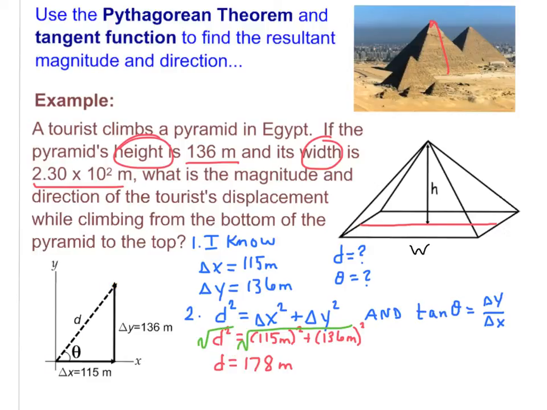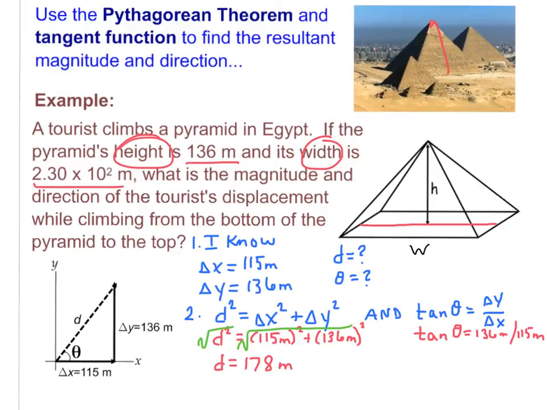Now let's plug values in for my tangent function to find out what theta is and determine the direction for my vector. So here, tangent of theta is going to equal 136 meters divided by 115 meters, corresponding to the delta y and the delta x. Now, when I punch this into the calculator, again, it depends on the type of calculator you have, so I want to make sure you definitely practice this, but we're going to take the inverse tangent of each side.